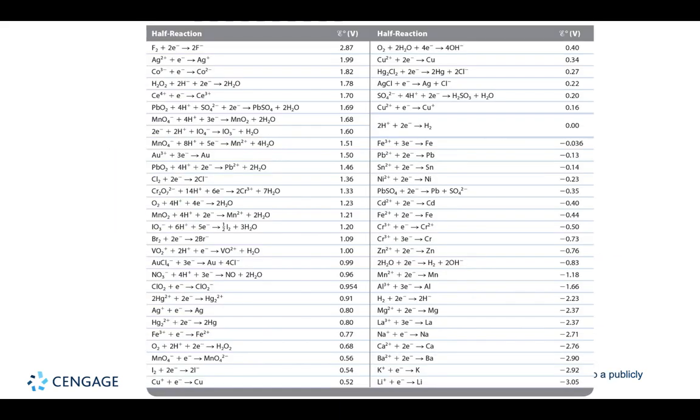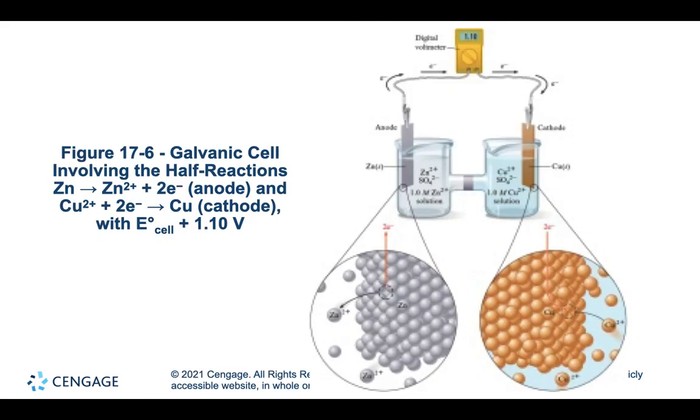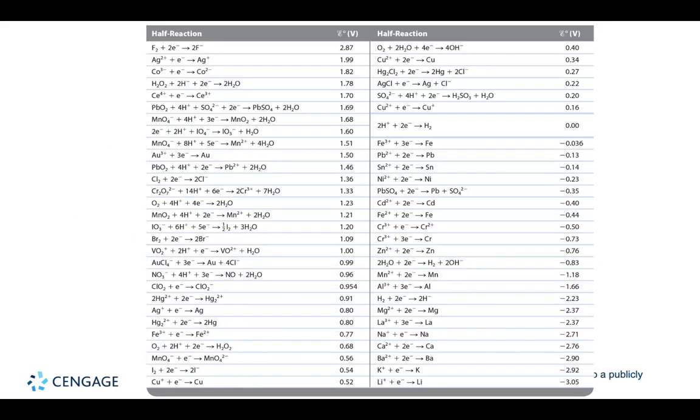So now we look further down the chart, because remember the reduction reaction has to be higher than the oxidation reaction. We go further down the chart, and about 2/3 of the way down I find zinc plus 2 electrons yields zinc with a standard reduction potential of negative 0.76 volts. So find the reaction, find those negative 0.76 volts, and let's go back and look at this. Actually, that reaction needs to be flipped, because right here it's written zinc plus 2 plus 2 electrons yields zinc.